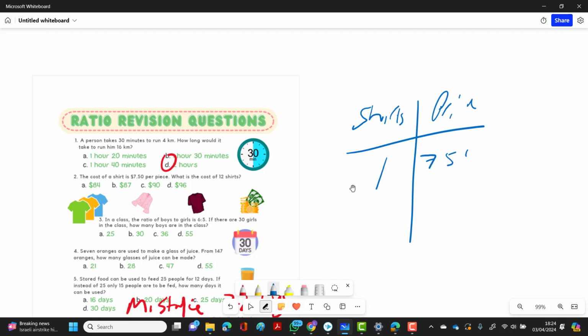And 12 shirts is going to be 12 times 750, which is 9,000 pence. If you divide by 100 to give you pounds, it's £90. Okay, next.